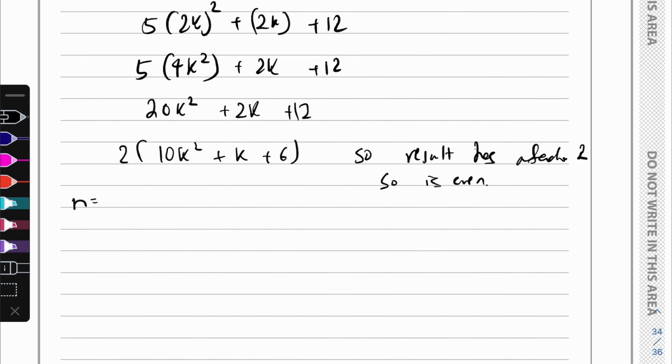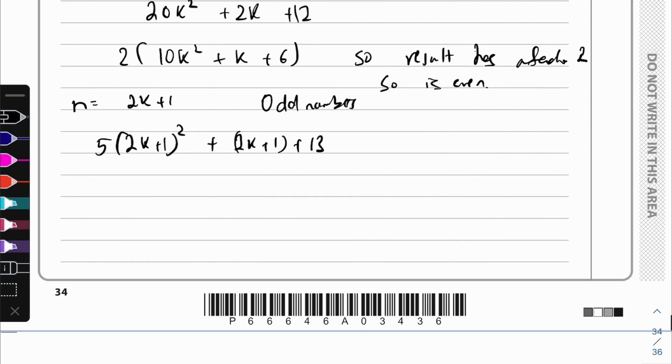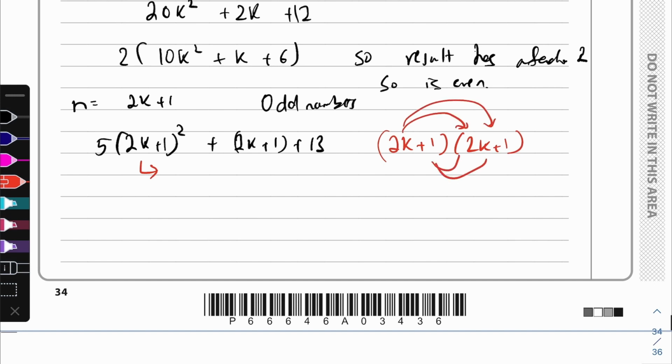Now for n equals 2k plus 1, odd numbers, we will get, so it'll be 5 times 2k plus 1 squared plus 2k plus 1 plus 12. So now to make our life easier, first let's work this out. So this is 2k plus 1 times 2k plus 1, multiply them outside, and then 1 times both of them.